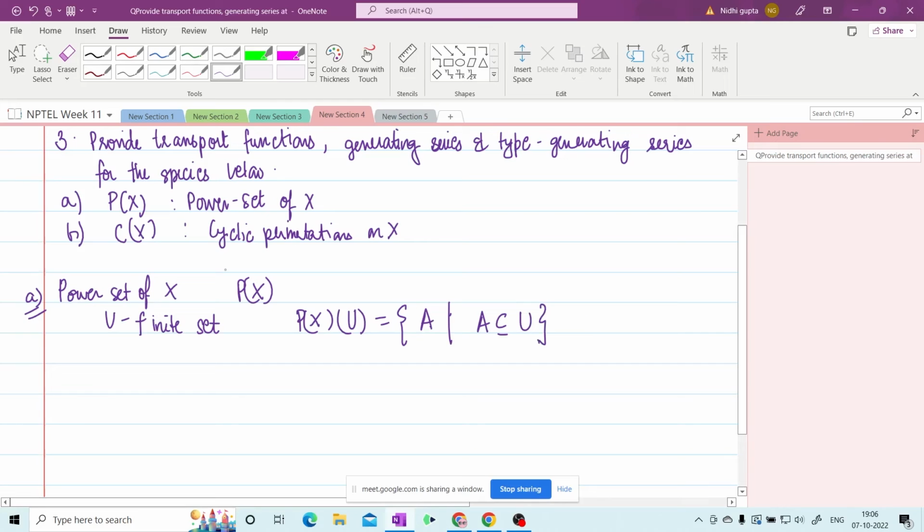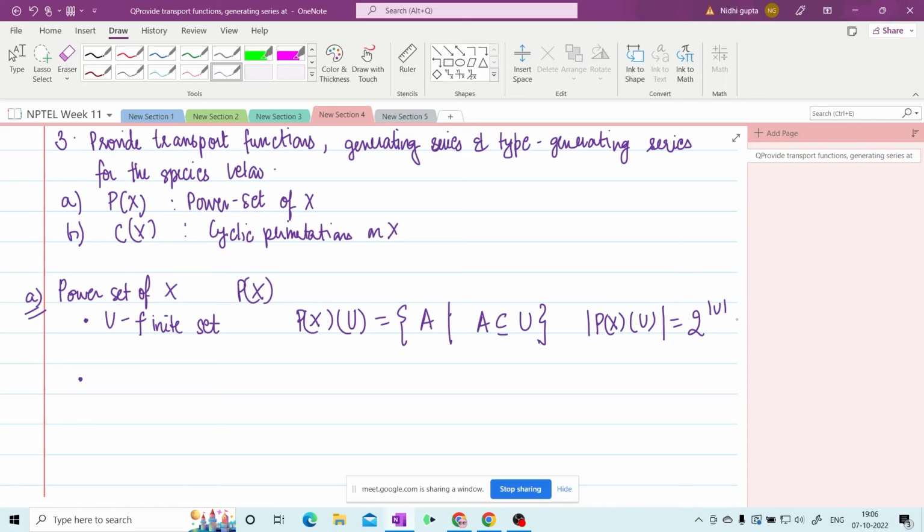And we know the order of Px: if the order of u is n, then the power set is the collection of all the subsets of u, and the number of subsets of u is nothing but 2 raised to the power order of u. So now to give a rule, first we have this.